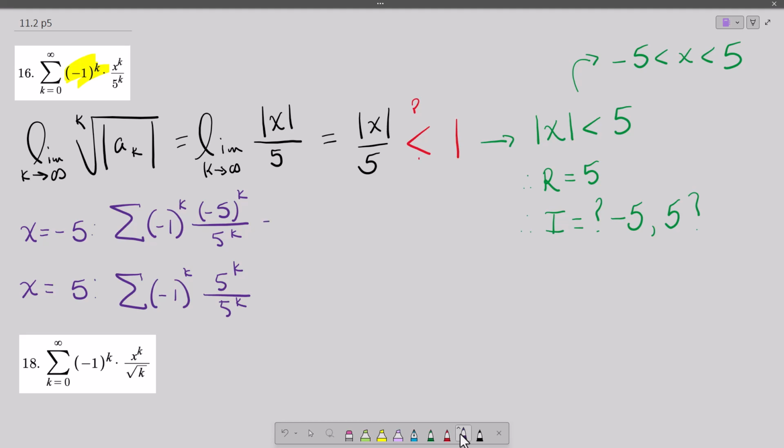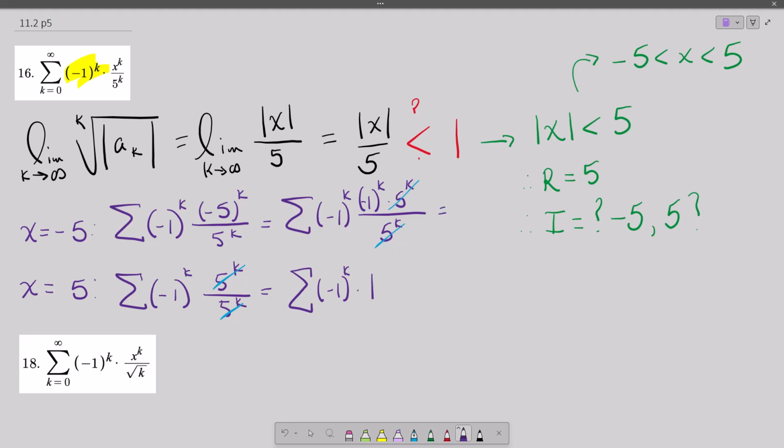Let's first simplify. So this top one can be simplified. It's a little bit more work than the bottom one, but this numerator we can peel apart and have a -1 to the k and a 5 to the k, distributing that exponent. And then in both, we see that the 5 to the k's will cancel. So this series down here simplifies to -1 to the k times 1, that reduces to 1.